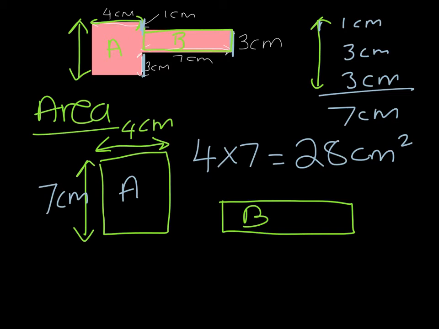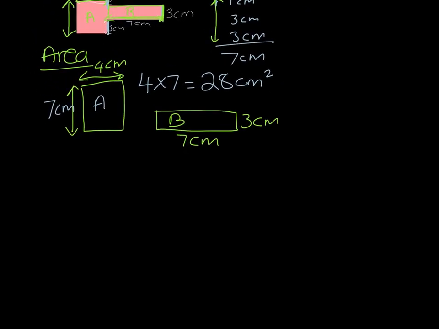The base is 7 centimetres across there, and the height from the picture is 3. Now obviously in the exam you can draw on to make that clearer for yourself, and then you just need to finish that calculation off. So B is 7 times 3 to get you 21 centimetres squared.